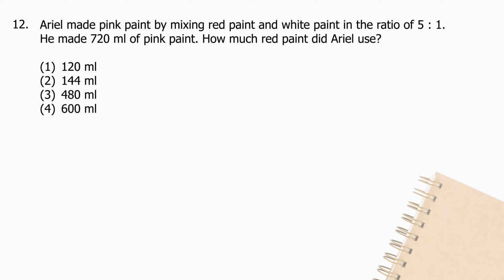Question 12. Ariel made pink paint by mixing red paint and white paint in the ratio of 5:1. He made 720 milliliters of pink paint. How much red paint did Ariel use?